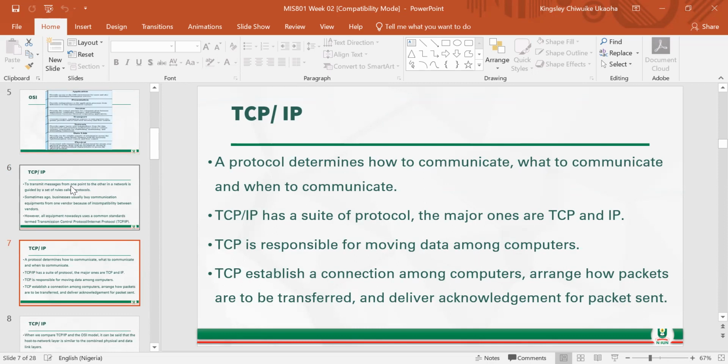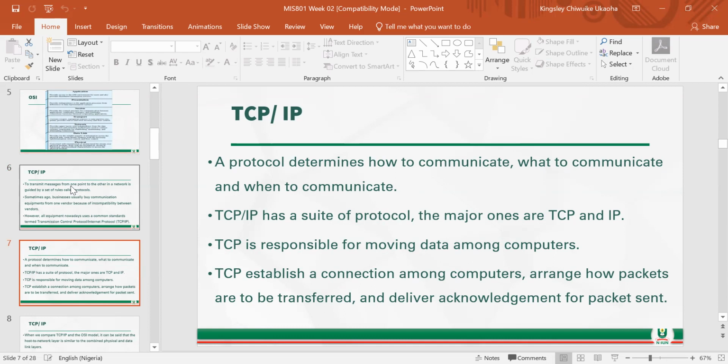What does TCP do? It's responsible for moving data among computers. Yes, TCP is responsible for moving data among computers, and it establishes a connection among computers, arranges how packets are to be transferred, and delivers acknowledgement for packets sent. Since the message you are going to send will be bulky or big, it is normally divided into smaller parts called packets.